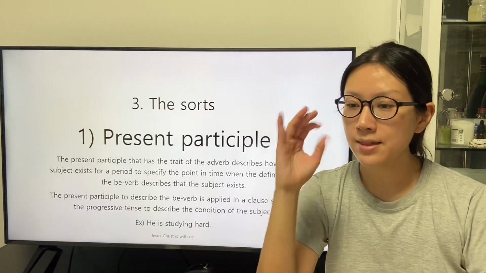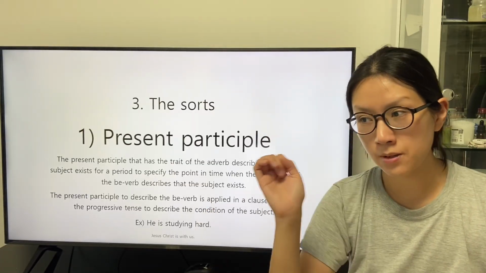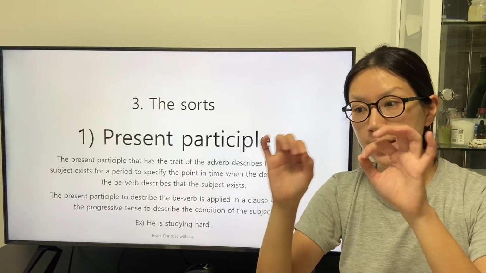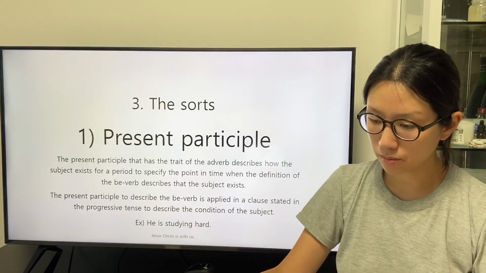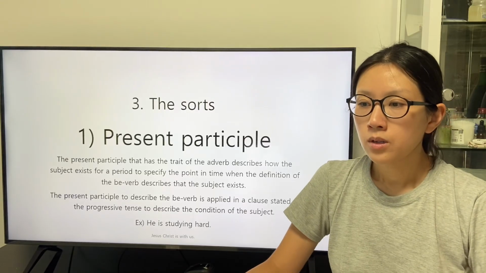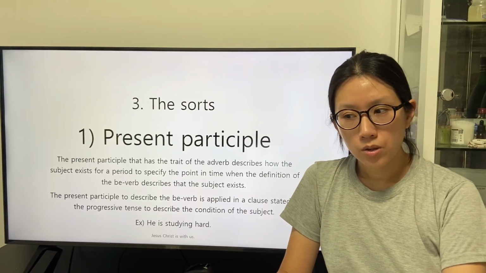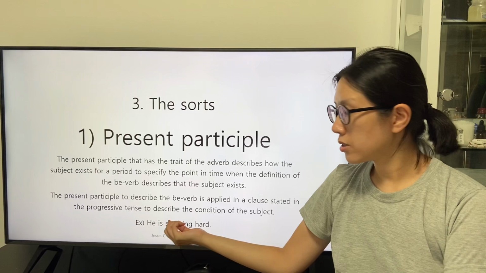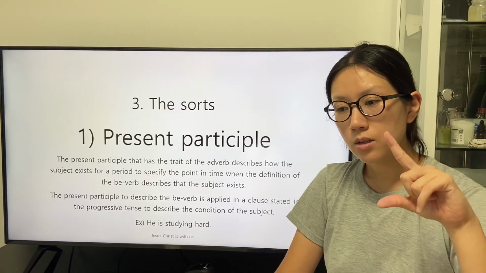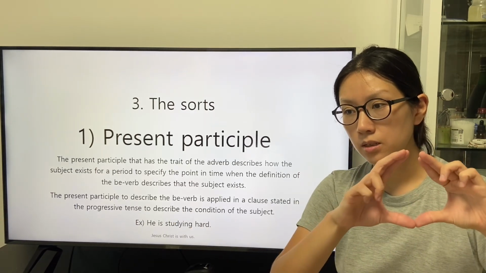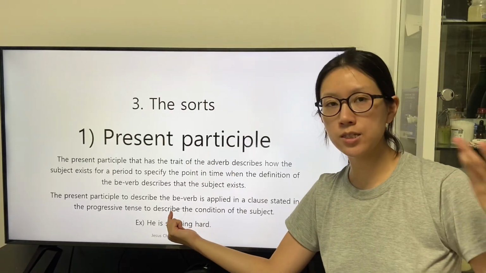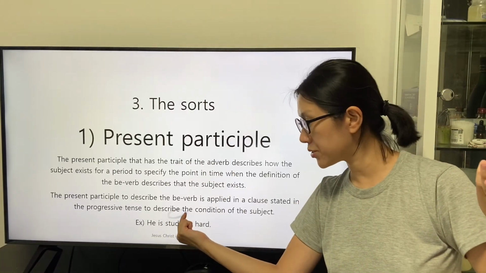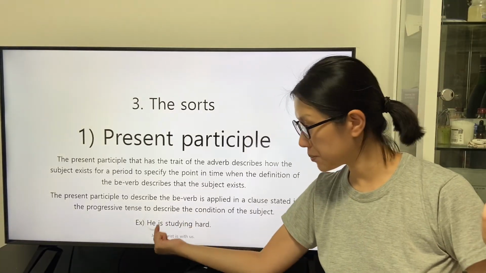The clause that an adverb is applied in can be stated as two clauses. For example, the speaker states the duration of the condition described by the intransitive verb study of the subject.